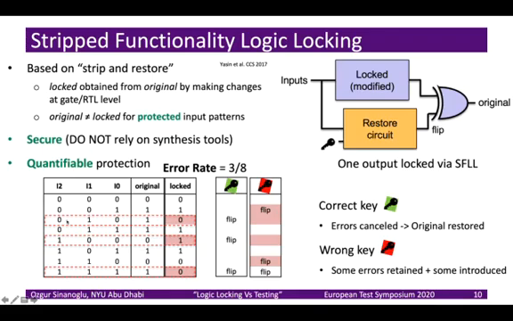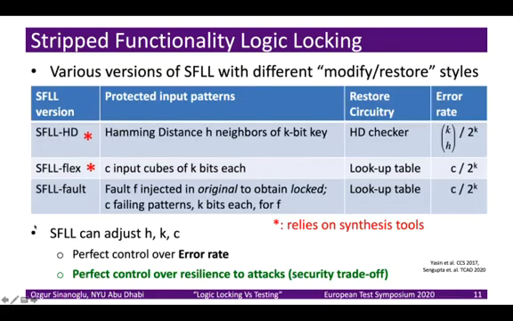We see the differences for the protected input patterns. The different versions of SFLL that we proposed in the past: one was based on looking at the Hamming distance characteristics, so the protected patterns were actually Hamming distance neighbors of the secret key.